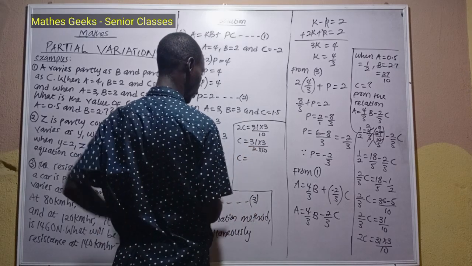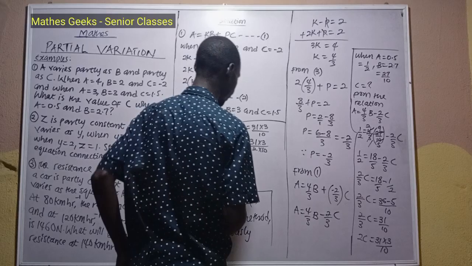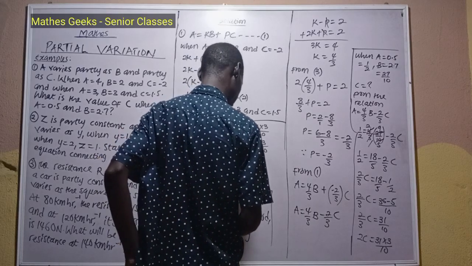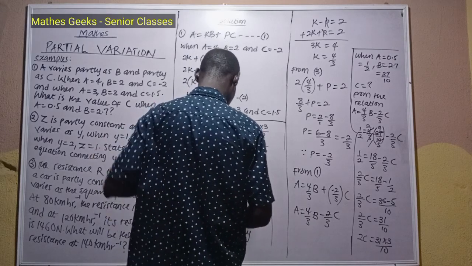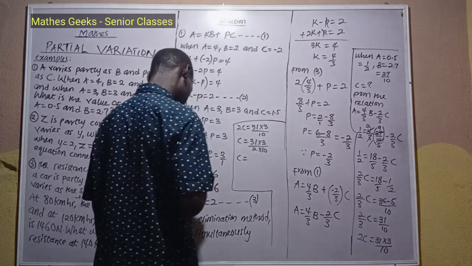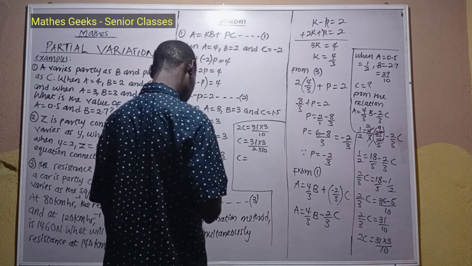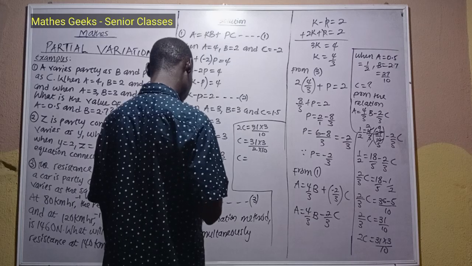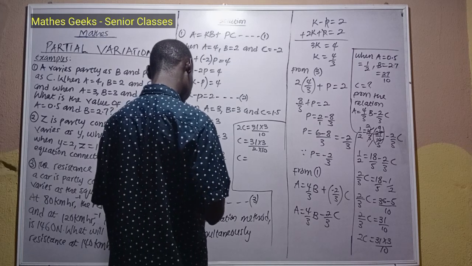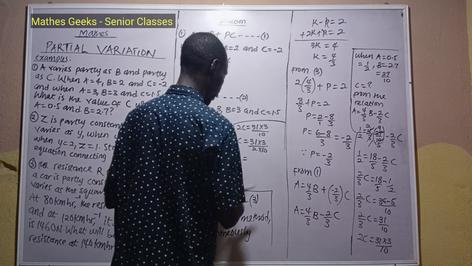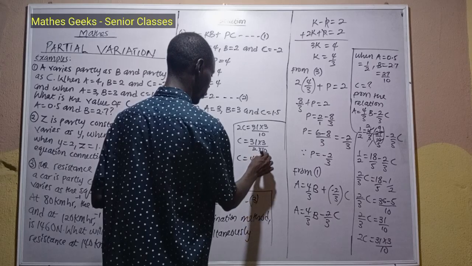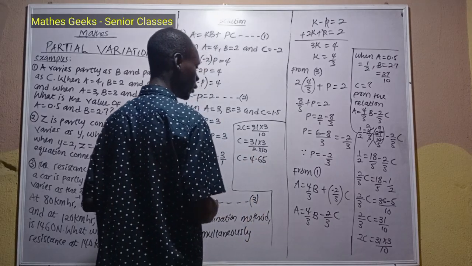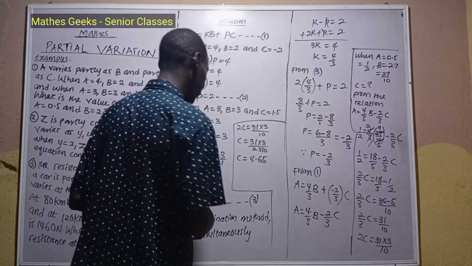So C is equal to 31 times 3, 93, divided by 20, which is 4.65. C is equal to 4.65.